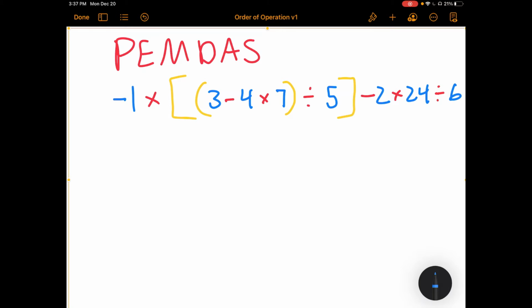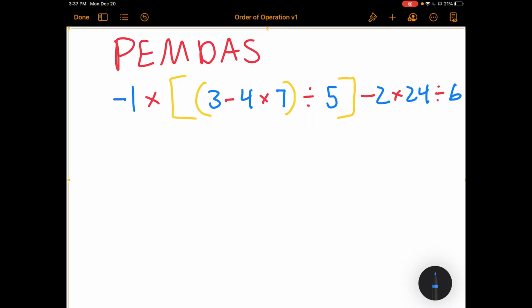From this equation, we have two sets of parentheses, the brackets and also the inner parentheses. The reason this is set up this way is so we can distinguish which one is the innermost parentheses. The bracket is your outer layer, and your actual parentheses is the inner layer. That's where you need to start off first, with the inner layer of the 3 minus 4 times 7.